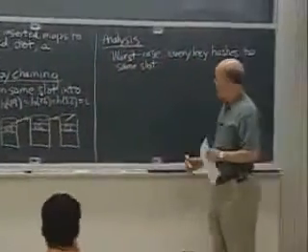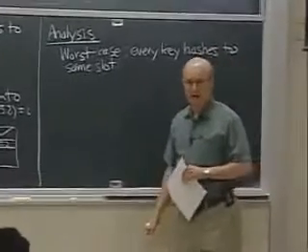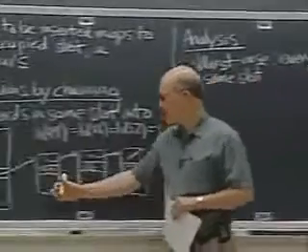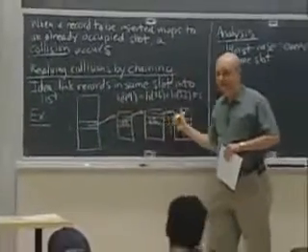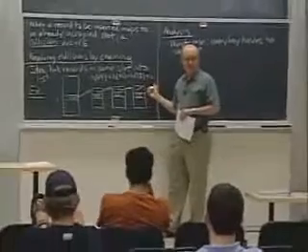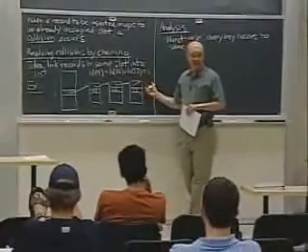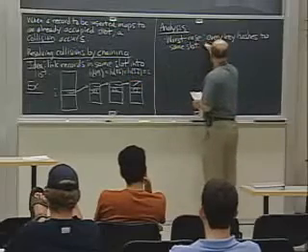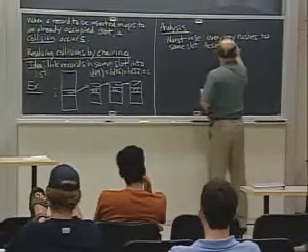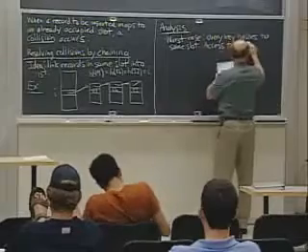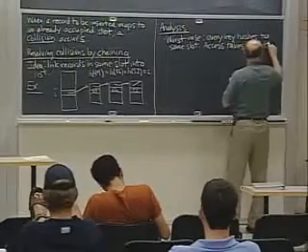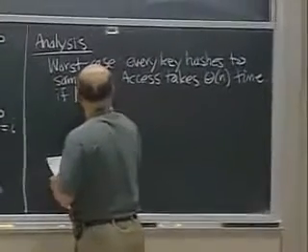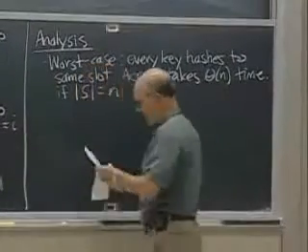And then how long does an access take? How long does it take me to insert something, or, more importantly, to search for something, to find out whether something's in there, in the worst case? Yeah, it takes order n time, because they're all just a linked list. So access takes theta n time if, as we assume, the size of S is equal to n.